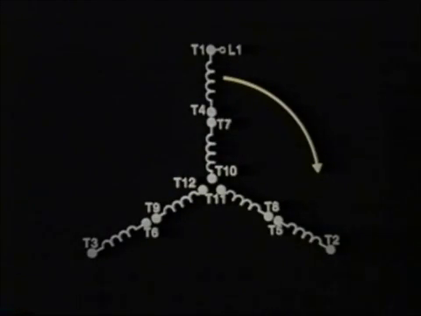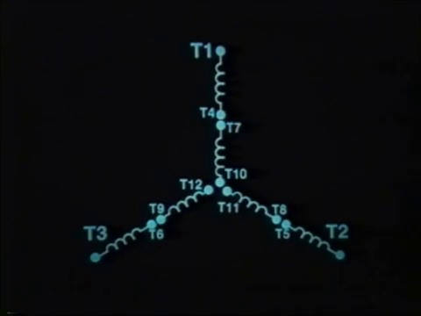Note that this system has a clockwise rotation going from top to bottom. Phase A is in line 1, Phase B in line 2, and Phase C in line 3. So, T1 is always in line 1, T2 in line 2, and T3 in line 3.